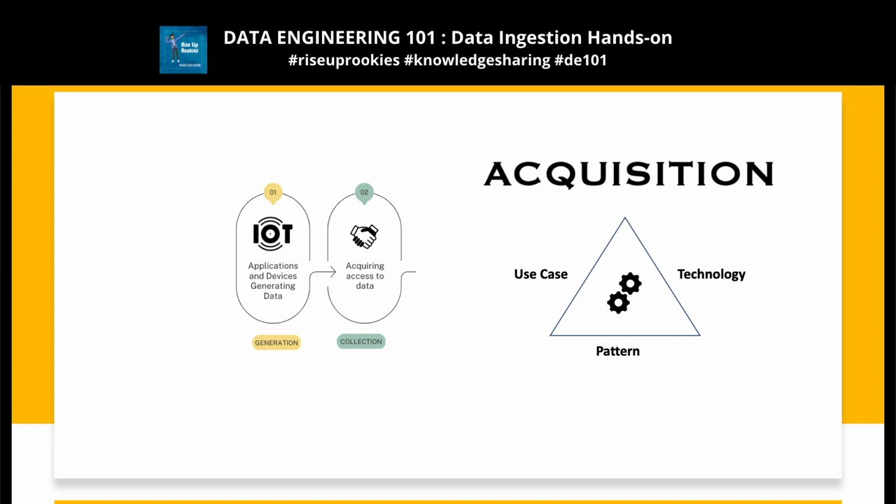Let's say a finance team is trying to get a report, and it needs sales data. Then both sets of data need to be brought into a single data platform for a unified view of the report or dashboard, whatever they are trying to build, right? So first you need to understand both the sources. What is the technology behind the source? Is it a SQL database or an Oracle database, or is it an application? Based on that, you will define your pattern.